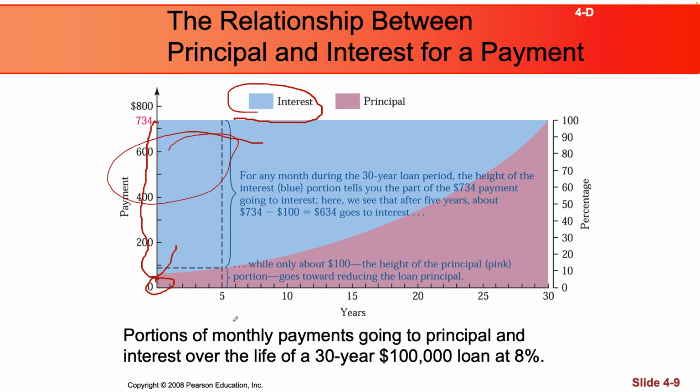Just looking at this graphic, how much interest in relation to the original loan, so the pink is the original loan, about how much interest do you end up paying on this loan? If I were to cut this box in half, about 50-50, right?